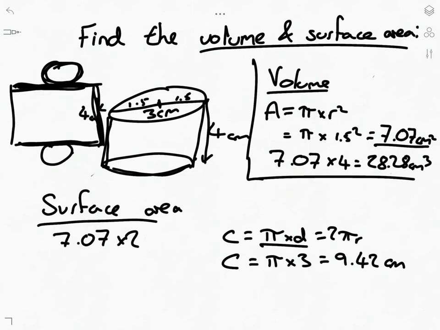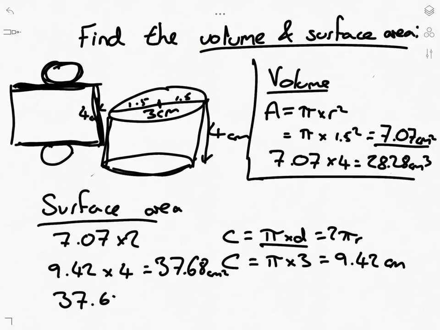So we times it by 4 to get the area of this sort of big rectangle. So we're going to do 9.42 times 4, which equals 37.68 centimeters squared. And we just add these up now.